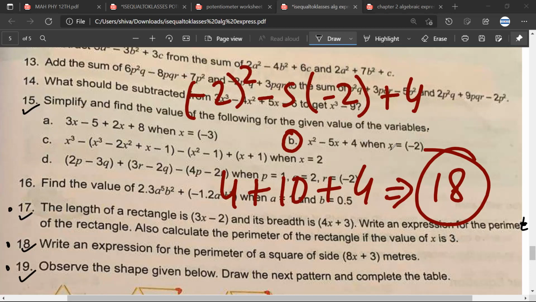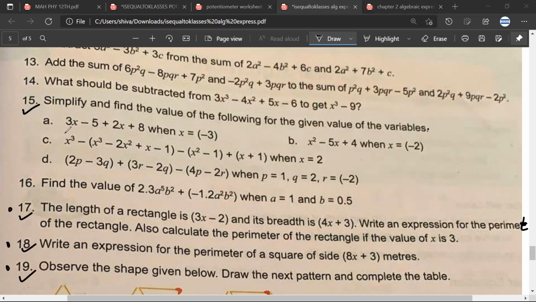So I got minus 2 square minus 5 into minus 2 plus 4. That's 4 plus 10 plus 4, which is 18. I got what you got. Mr. Satya, आपका आंसर क्या है? 5000. Sir, 18. No, sir. Sarthak, have you checked your mistake? Yes, I did the integer minus wrong.